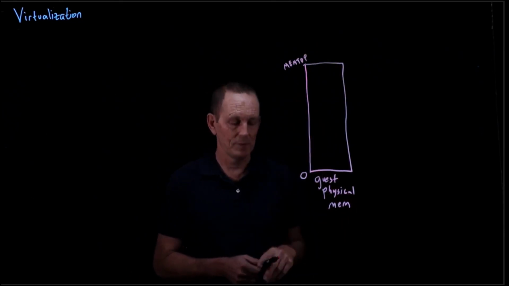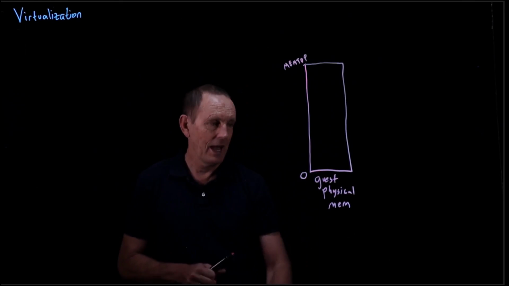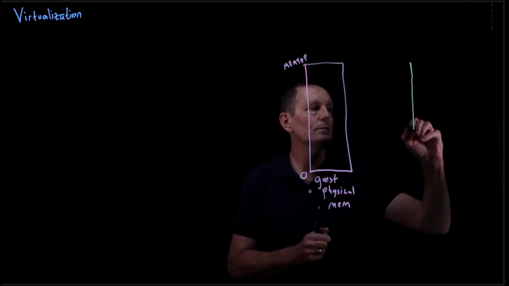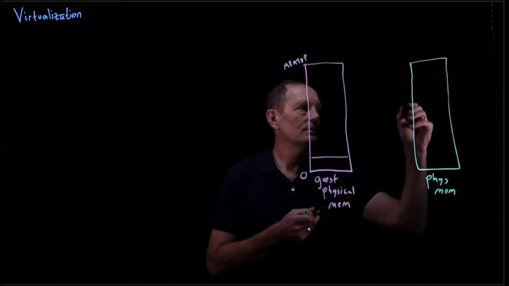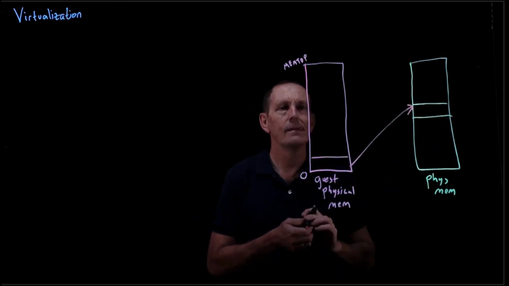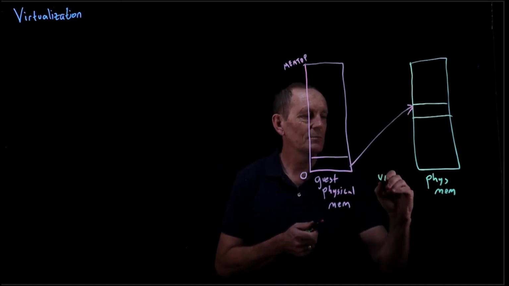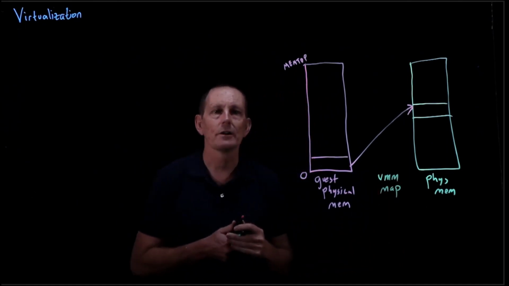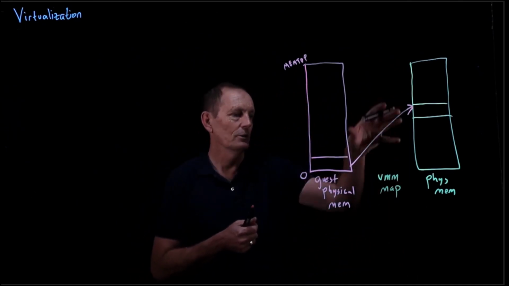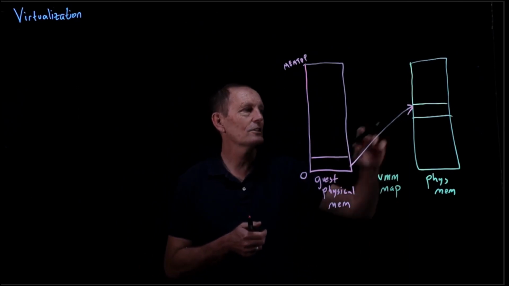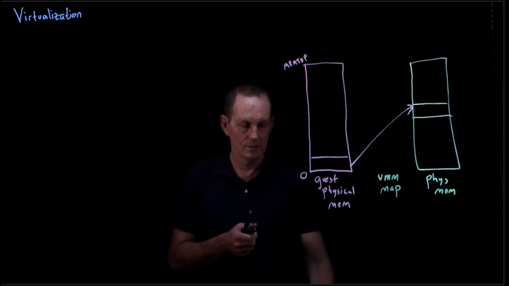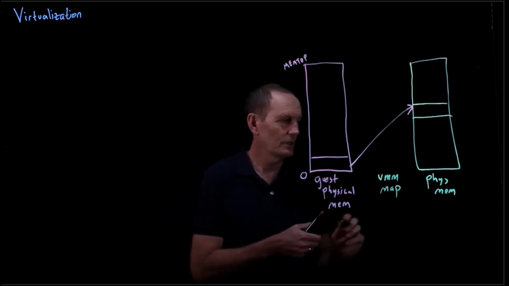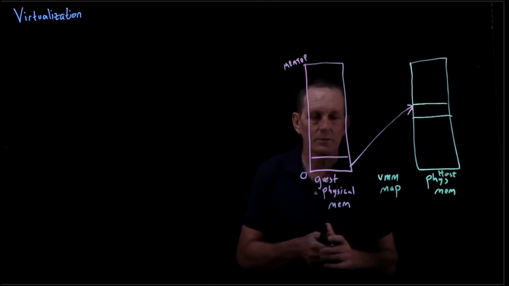It's a virtual address space, so this actually maps to physical memory. And each page has a mapping. This is going to be a map maintained by the virtual machine monitor for each virtual machine. So it will contain a mapping from guest physical memory to real physical memory. We can call this host physical memory.